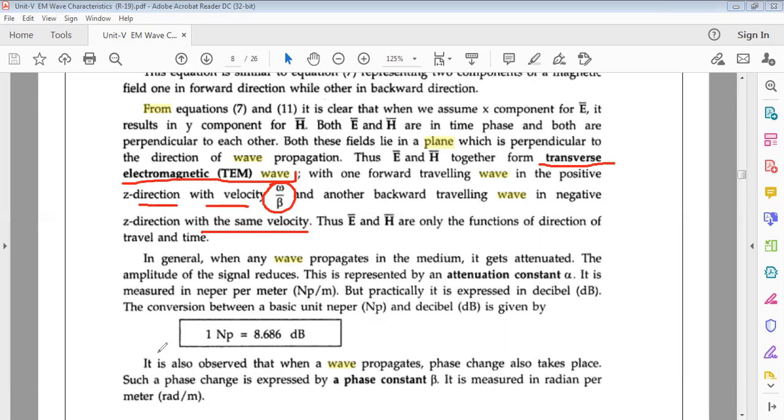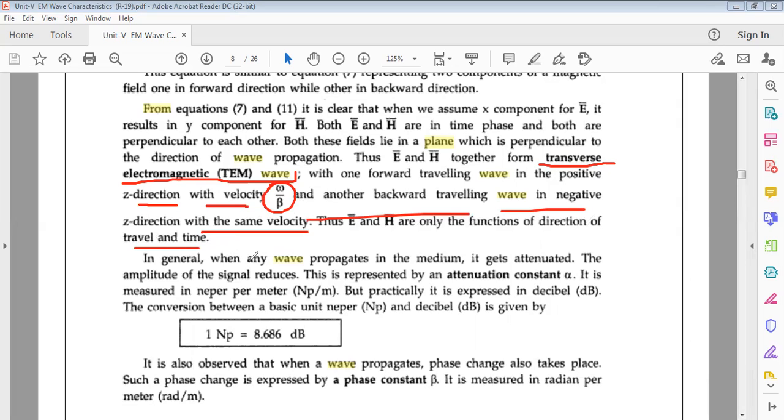One is a forward traveling wave in the positive Z direction, another is a backward traveling wave in the negative Z direction with the same velocity, either backward or forward. Thus, E bar and H bar are only functions of the direction of travel and the time.